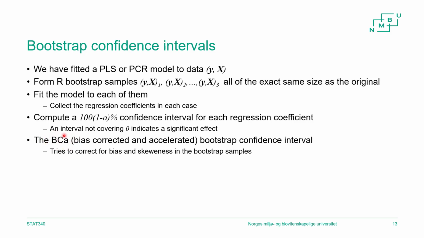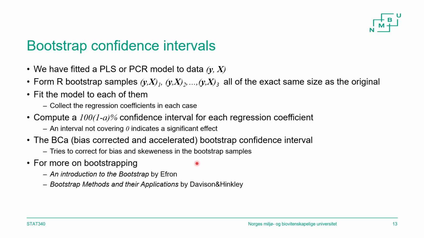We will just stick to this one in this example and in this course. It tries to correct for some bias and skewness due to the bootstrap sampling, because these bootstrap samples are slightly different from real data. So that's what we are trying to correct here.